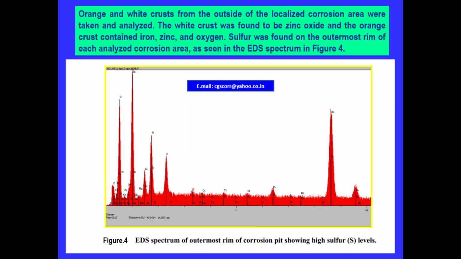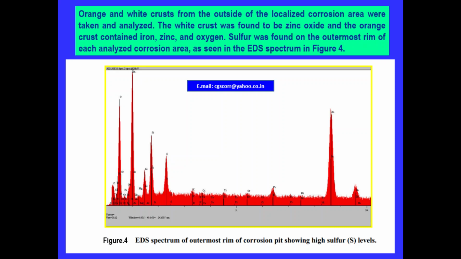Figure 4 depicts the EDS spectrum of the outermost rim of the corrosion pit showing high sulfur levels. Orange and white corrosion products from the outside of the localized corrosion area were taken and analyzed. The white crust was found to be zinc oxide and the orange crust contained iron, zinc and oxygen.